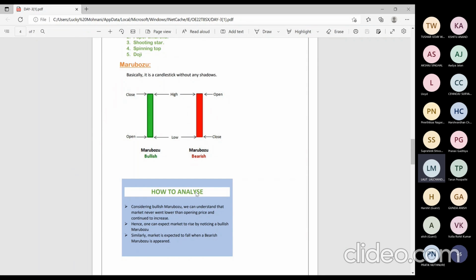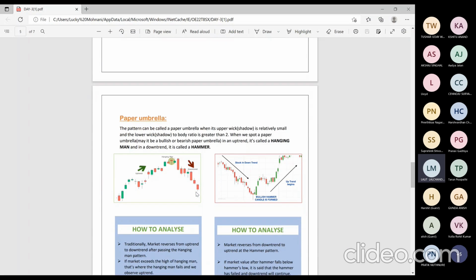It indicates that the market is bearish and bears are in control of the market. That's it. Now I will go to the paper umbrella pattern.